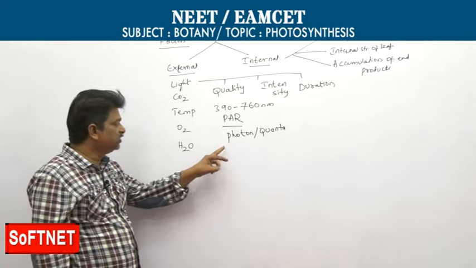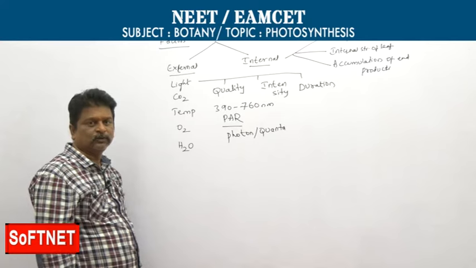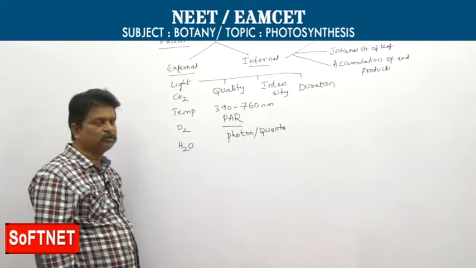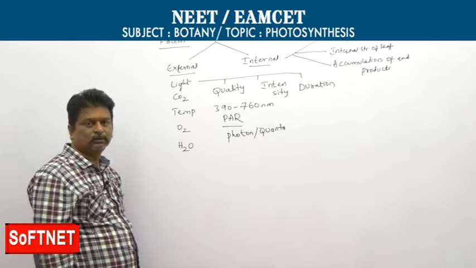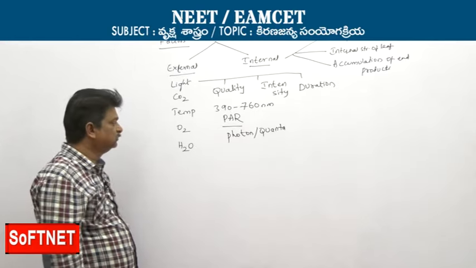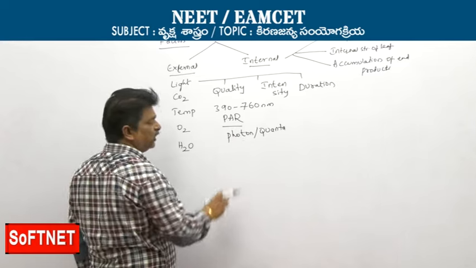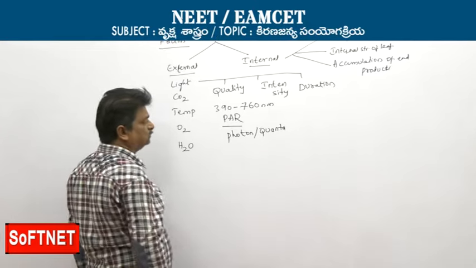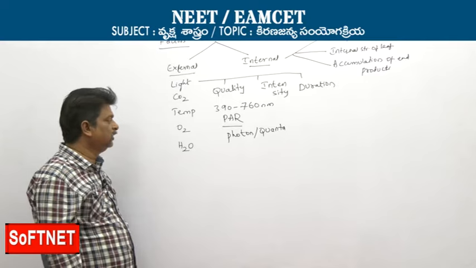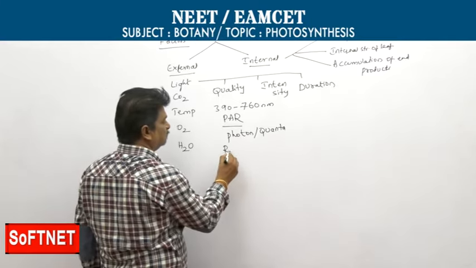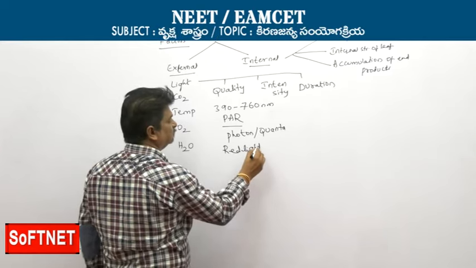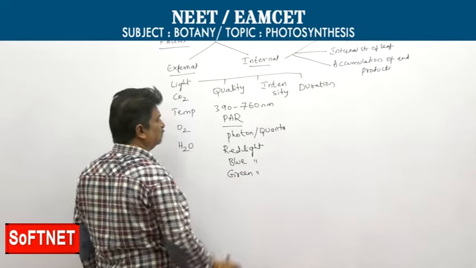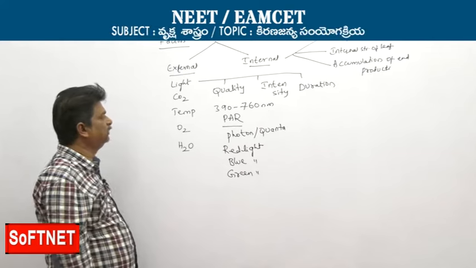Energy in each photon is inversely proportional to wavelength. So, blue light is more energetic than red light, and maximum photosynthesis occurs in red light, next in blue light, and least in green light.